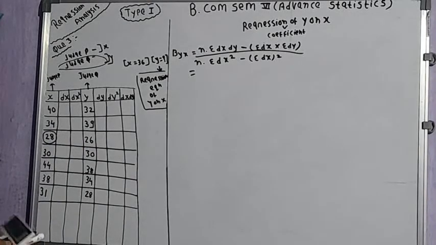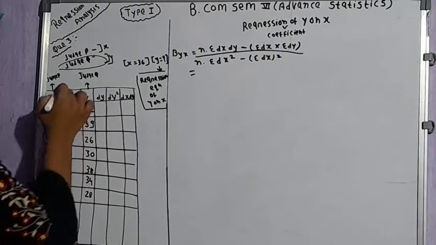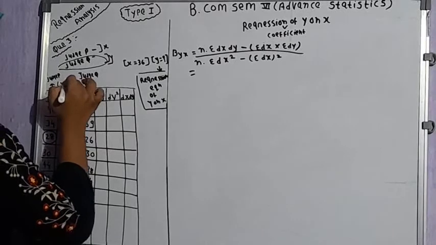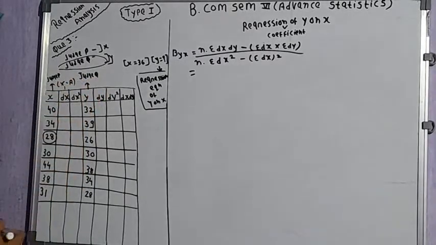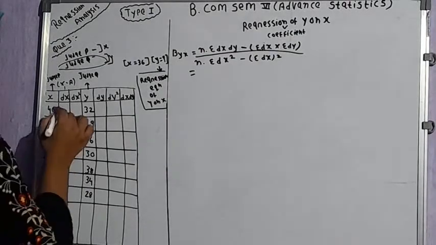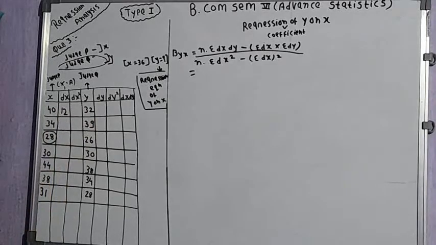Okay. What is the formula to calculate deviation from X series? It is X minus A, means given item minus assumed mean. What is the given item? 40. What is the assumed mean? 28. So 40 minus 28 comes to 12. After that, 34 minus 28, so it comes to 6.